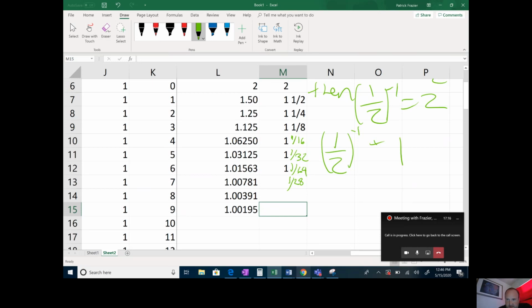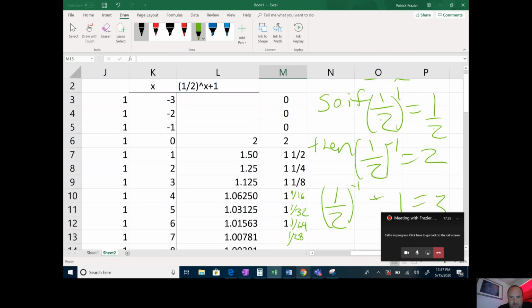So 1/2 to the negative 1 power equals 2. So 2 plus 1 would equal 3. And let's see what the spreadsheet thinks. And drag that formula up. Yes, it agrees with me that it's 3.